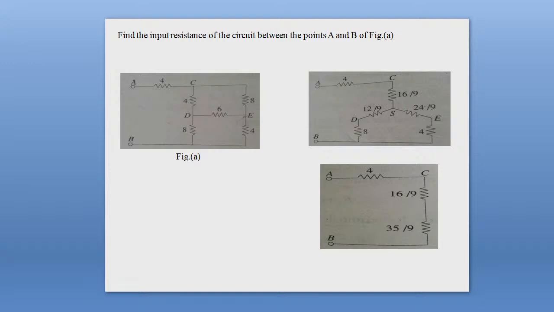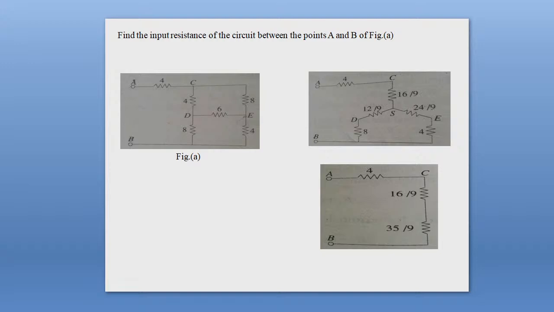Find the input resistance of the circuit between the points A and B of figure A. One problem is given here for better understanding the concept, to convert delta network into star network or star into delta. This is the problem which is given in figure 1.